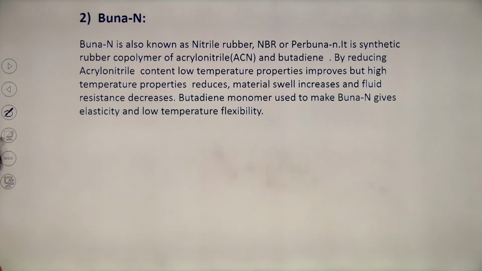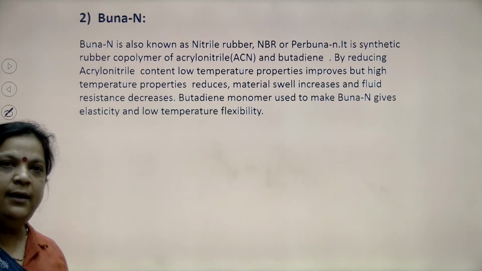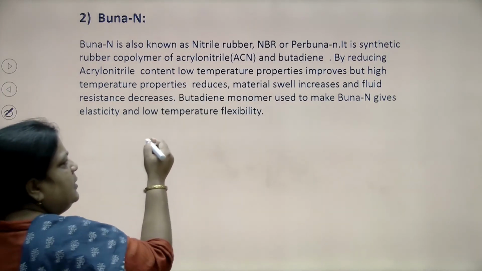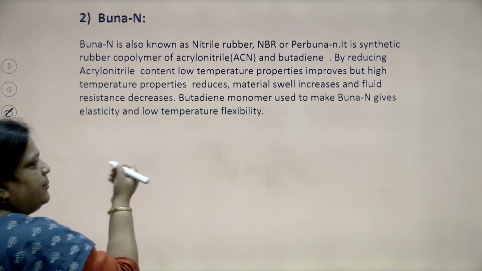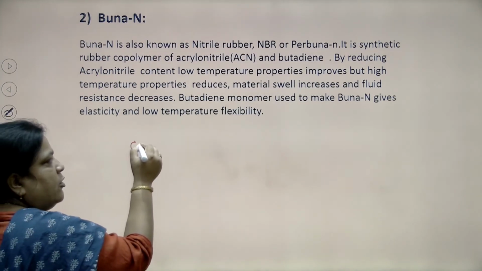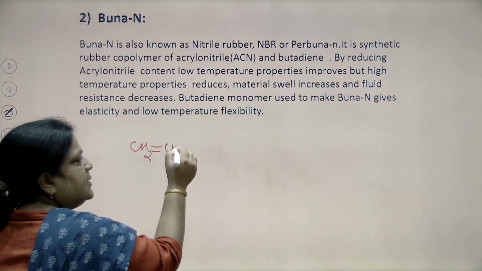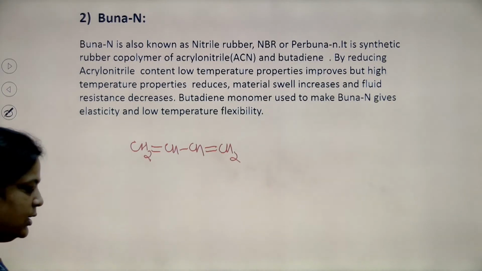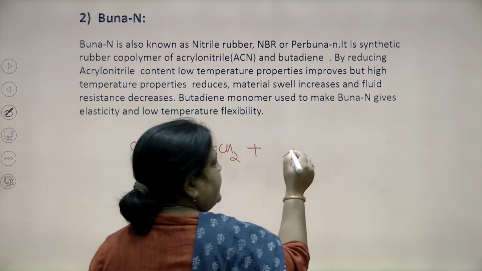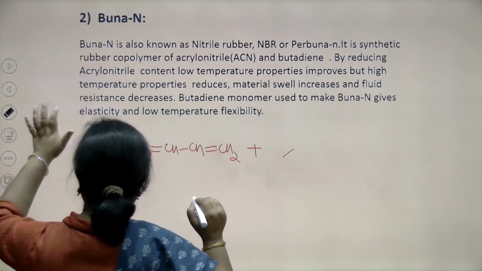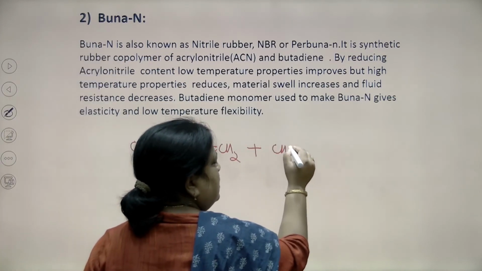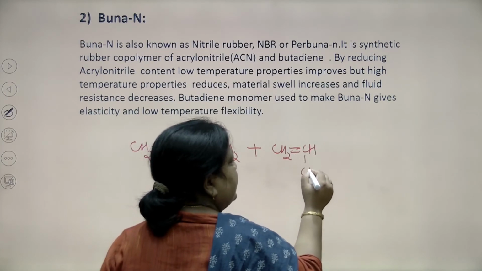Now, the second polymer is again an elastomer, the same Buna: Bu means butadiene, Na means in presence of sodium, and N is acrylonitrile. So, it is a nitrile rubber, prepared by copolymerization of butadiene, which is CH2, CH, single bond CH, double bond CH2, plus acrylonitrile, which is CH2 double bond CH single bond CN.